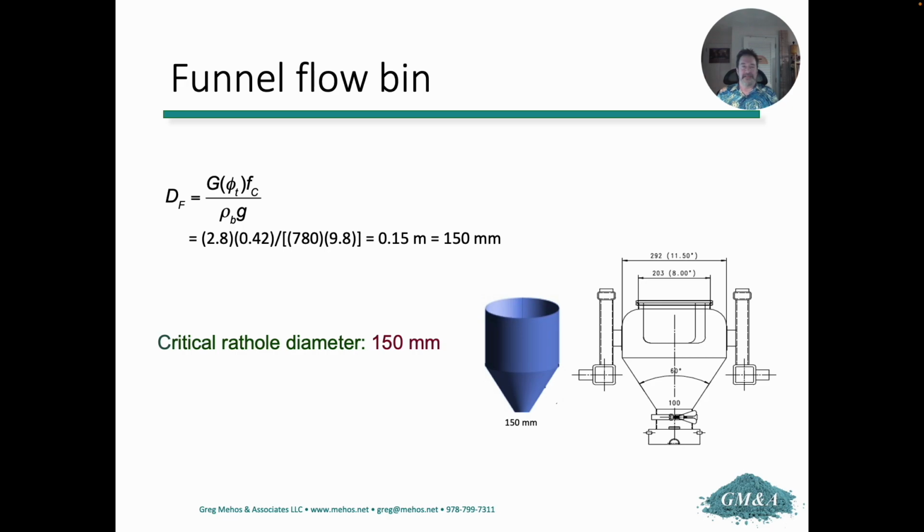Plugging in the numbers, we see that the diameter required to make sure that the rat hole collapses everywhere because we have funnel flow is equal to 150 millimeters, which is bigger than the outlet that we have in our hopper. So this is not going to work. It's not going to arch, but we are going to have a stable rat hole. We won't be able to empty the entire bin.